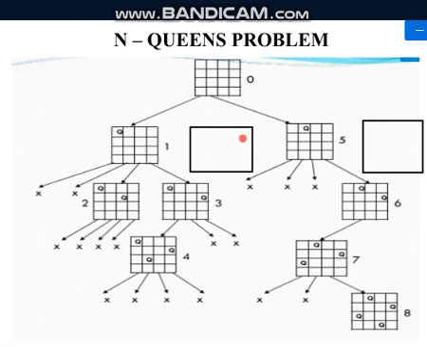Same way you can place it in the third cell as well as the fourth cell in the same row, isn't it? So those are the different possible positions of the first queen. So for the first queen, all different positions, we are just branching it. So that is what is branch and bound, isn't it?